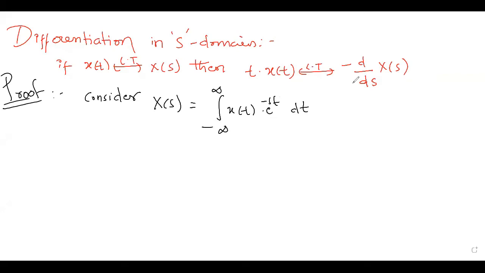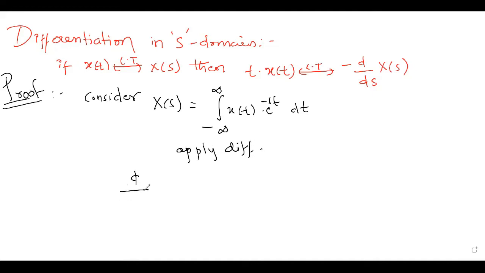So apply differentiation on both the sides with respect to s, because what we have on the right hand side is minus d by ds of X of s, isn't it? So let us start the proof procedure using that minus d by ds.